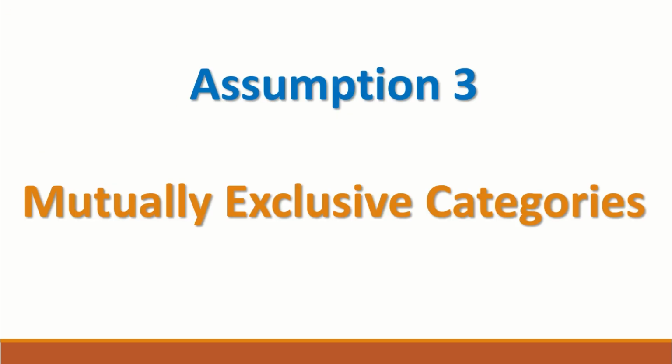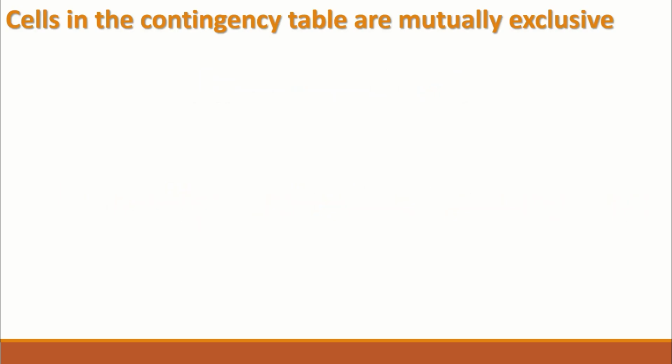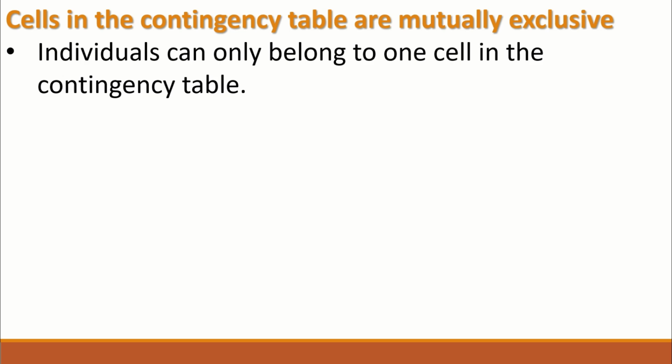The third assumption for the chi-square is mutually exclusive categories. So cells in the contingency table are mutually exclusive, which means individuals can only belong to one cell in the contingency table.